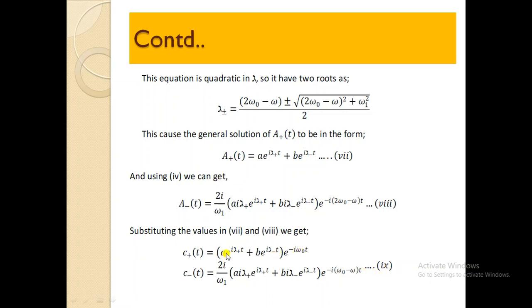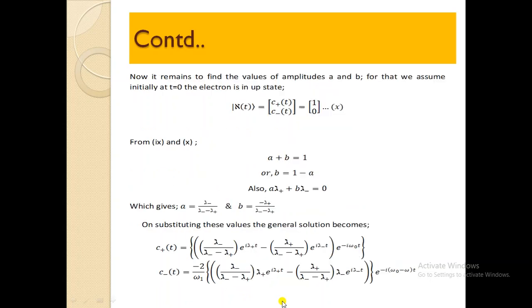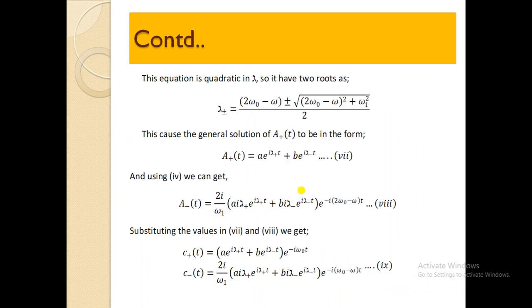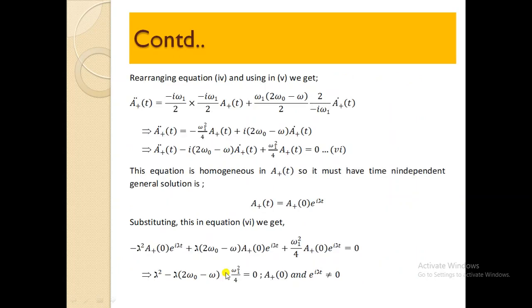So on doing that, from the upper term we will get a plus b equal to 1, and from the lower term we will get a lambda plus plus b lambda minus equal to 0. Since this is constant, that already became 0, and the constant term will vanish.